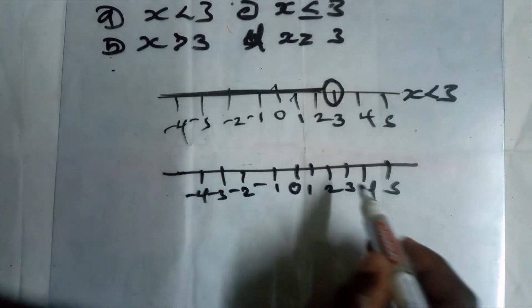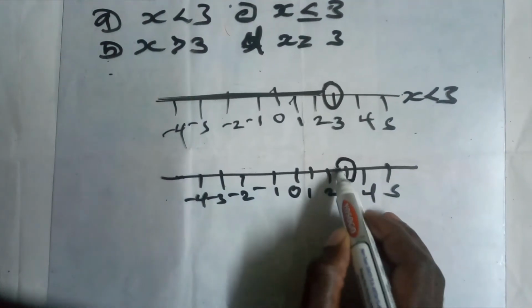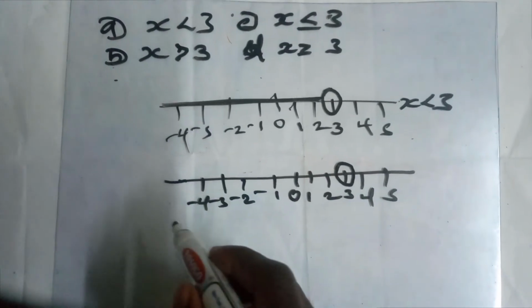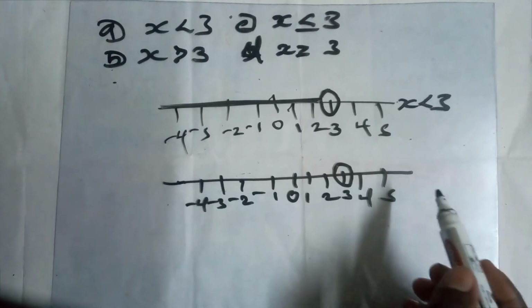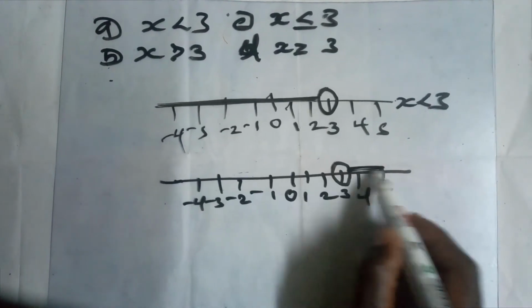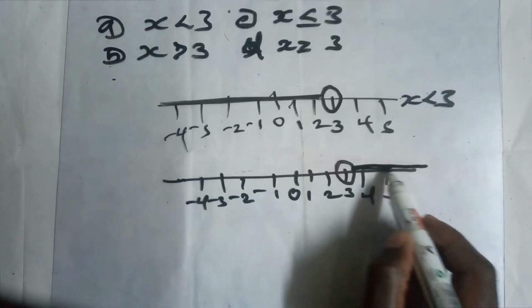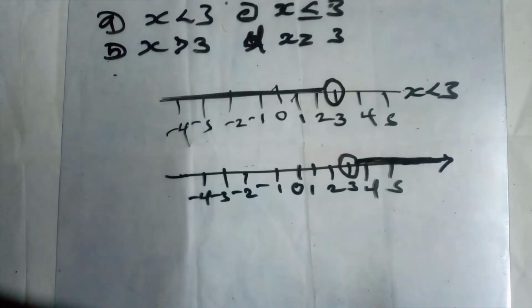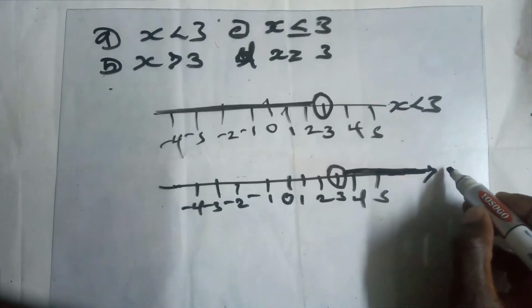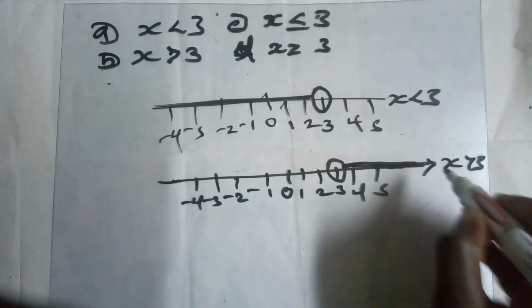You come to where you have 3, you circle that point, and then they've said x is greater than 3. So you need all the numbers that are greater than 3. So you mark from here up to the end, which is infinity. So this represents x is greater than 3.